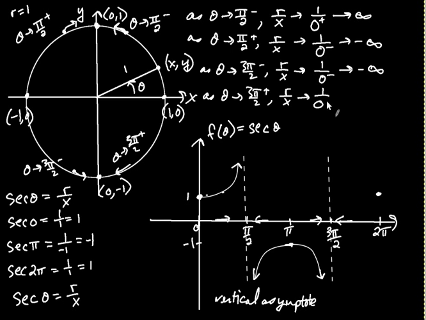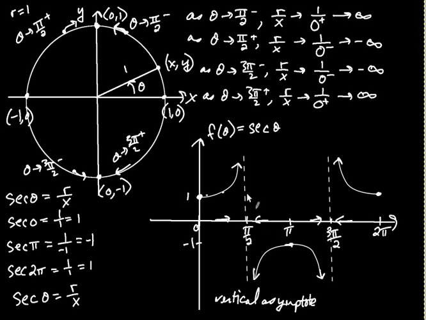So x is approaching 0 from the right, and that's why the quotient is approaching infinity once again. So as you come in like this, right, from the right, we know you go through this point, but now you go to infinity, so it goes like that. Okay? So drawing that part of the graph in gives us a graph that looks something like this. Now, of course, we want to make sure that we're clear that the graph is getting larger and larger as the angle approaches 3 pi over 2 from the right.